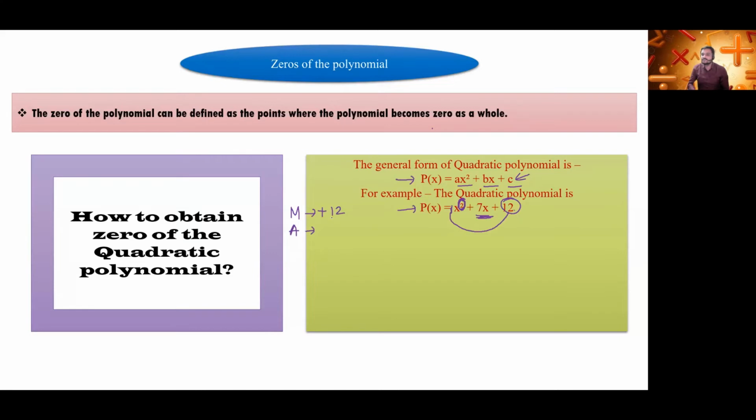So multiplication we should have +12, and in addition we have to write the coefficient of x. So here the coefficient of x is what? It is +7. So I want you to tell me two numbers whose product will be +12 and addition will be +7. Yes, raise your hand. Yes Kapil, say it.